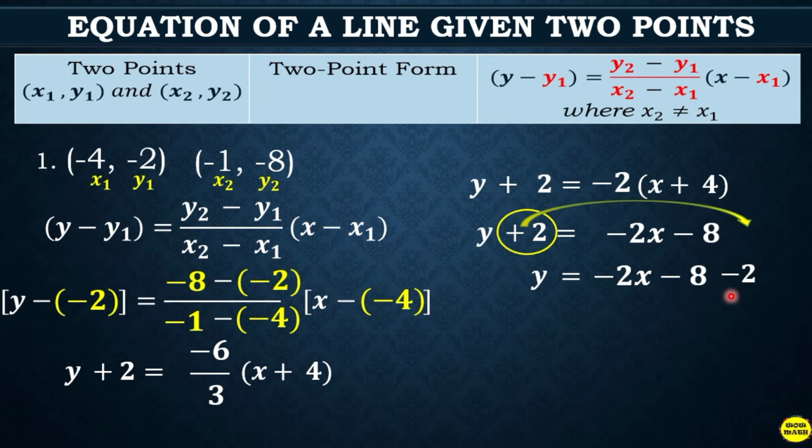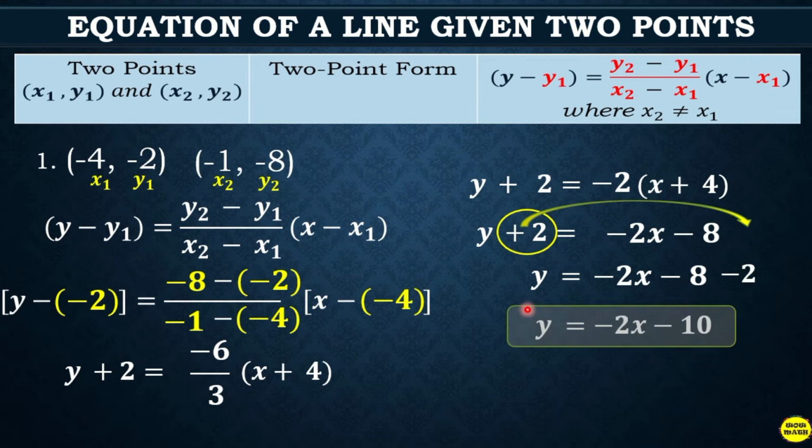Okay. Paalala po na tuwing tumatawid tayo dito sa equal sign natin, nagbabago po to ng sign. Okay? So, we now have what is the equation of the line. So, y is equal to negative 2x, negative 8 minus 2, that is negative 10. So, y is equal to negative 2x minus 10. Kasi i-add natin to. So, negative 8 minus 2, that is negative 10. So, this is now the equation of the line.